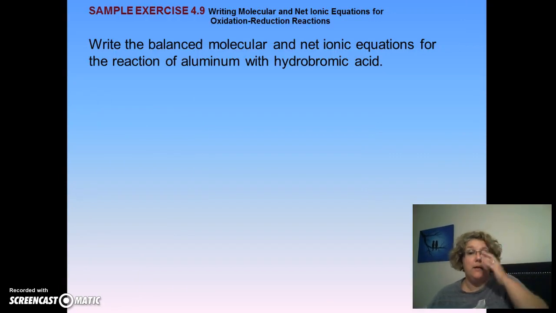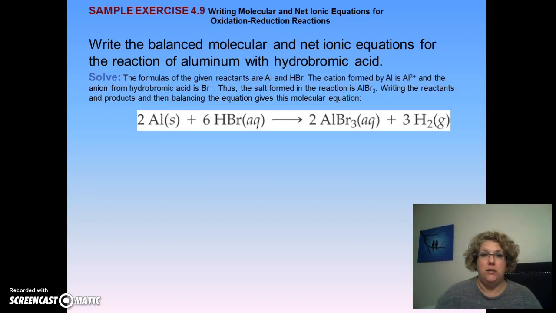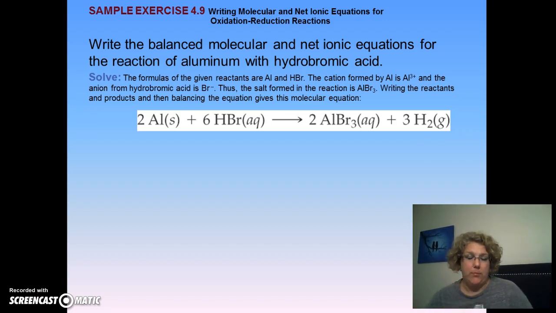All right, writing balanced molecular and net ionic equations for redox reactions. Same rules apply. Your spectator ions are going to be the ones that didn't change state and didn't change their charge. Okay, so here's just the balanced chemical molecular equation. Solid aluminum, put in some hydrobromic acid.